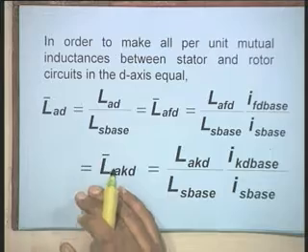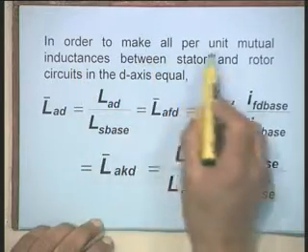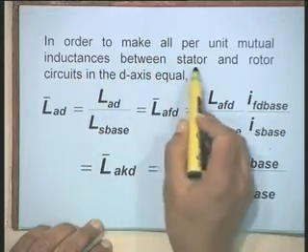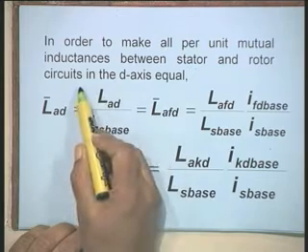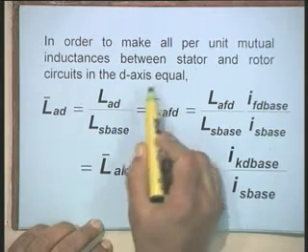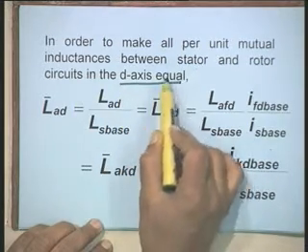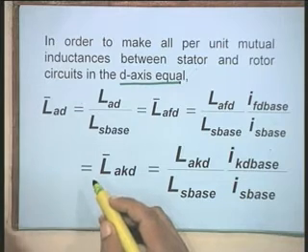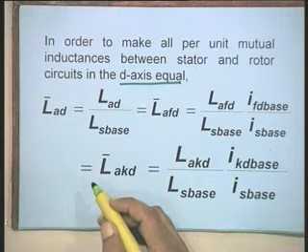Now, a requirement is that in order to make all per unit mutual inductances between stator and rotor circuits in the D-axis equal, that is, we have in the stator circuit a fictitious D-axis winding, and in the rotor circuit we have on the D-axis 2 windings, and we want to make them equal.